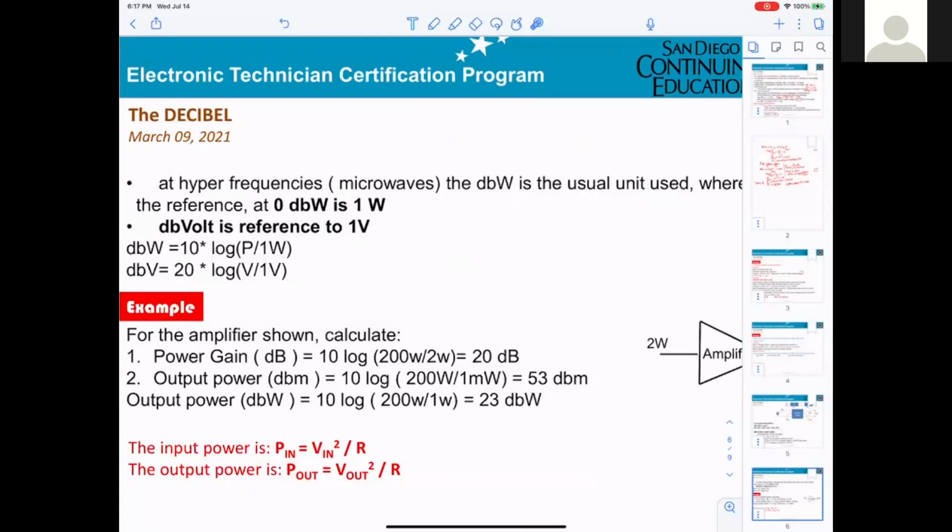So they give you the formula to calculate the dB watt here. dB watt equals 10 times log of power divided by 1 watt. And dB volt equals 20 log of volt divided by 1 volt.